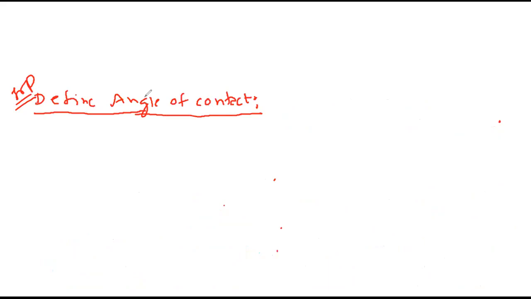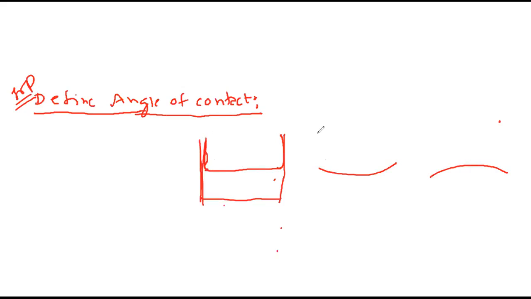Depending upon that, we have three type of surface: horizontal, concave, convex. So this actually moves exactly vertical along the sides of container, so we feel that it is perfectly horizontal. This creeps upward, this creeps downward. Here if I draw tangent, here also we can draw tangent to the surface which will fall on the wall of container at this point of contact. This angle is called angle of contact.